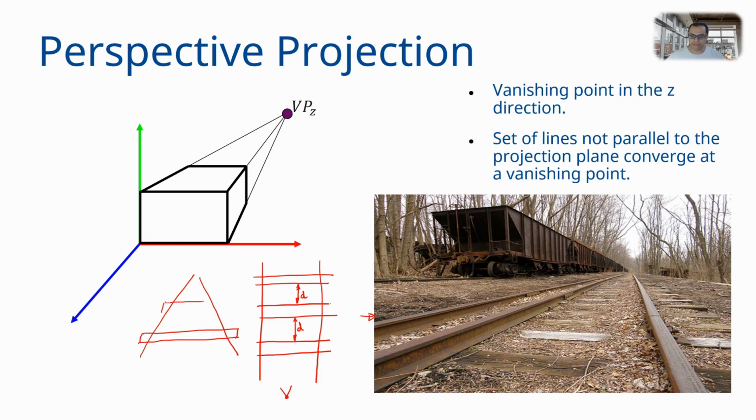The middle horizontal bar might appear there, and the third horizontal bar might appear there, right? So this is the world, and this is in the image. Okay, so the vanishing point is going to be somewhere there, right?